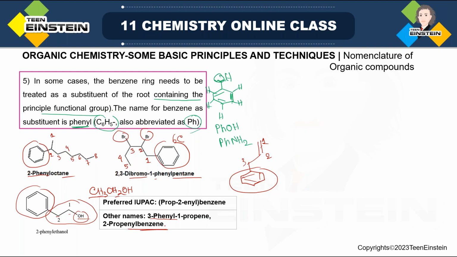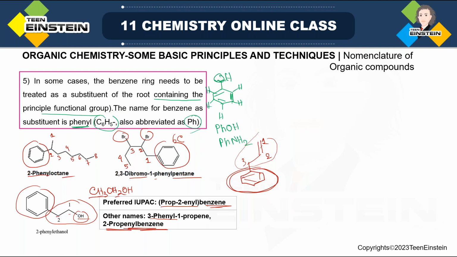Now, if you consider this name as if we are focusing on this part, benzene, and this is treated as a substituent, though these names are accepted, the preferred IUPAC name is prop-2-enylbenzene. So here we are ending with benzene. This is actually the same as 2-propenylbenzene, but written in a different way. Though this name is not wrong, the IUPAC preferred name is prop, then 2, then enyl, considered as a substituent in benzene.